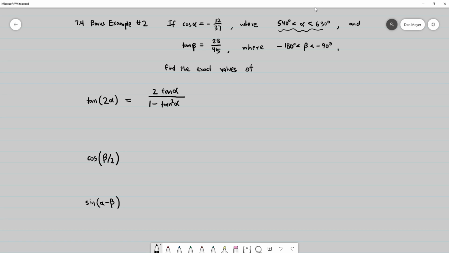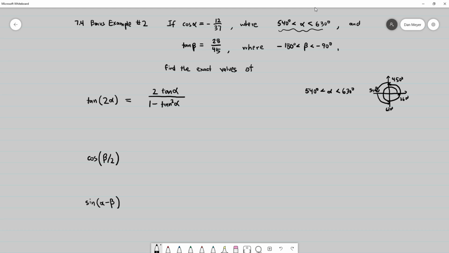Let's see, since we have 540 degrees is less than alpha is less than 630 degrees, thinking about our unit circle here, we go around once, there's 360 degrees, and then there is 450 degrees, there's 540, and then there's 630 degrees.